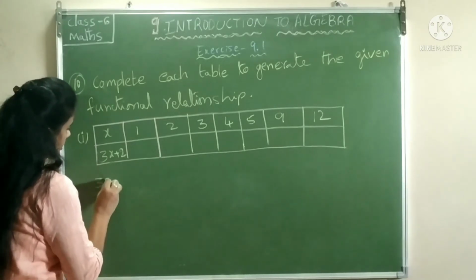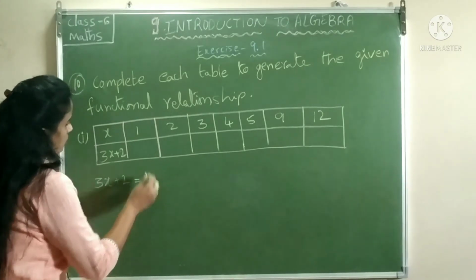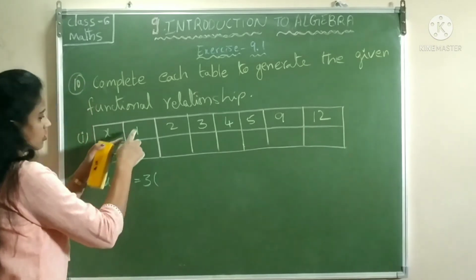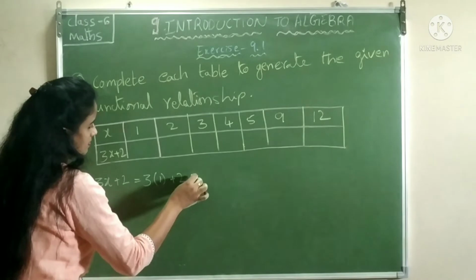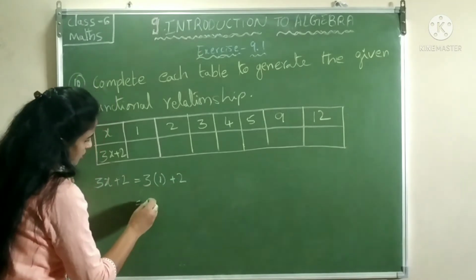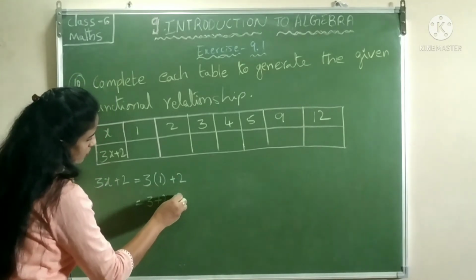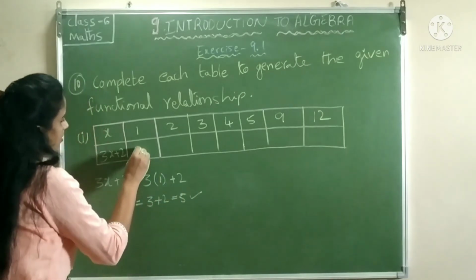Suppose x is 1. Then 3x plus 2 is 3 into 1 plus 2. 3 ones are 3, plus 2 is 5. So here write 5.